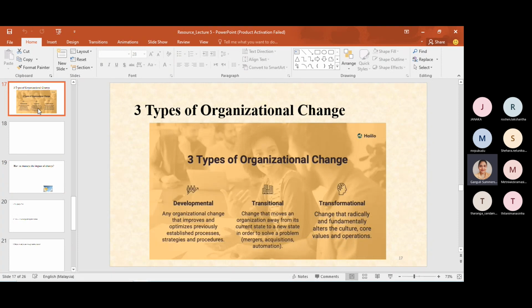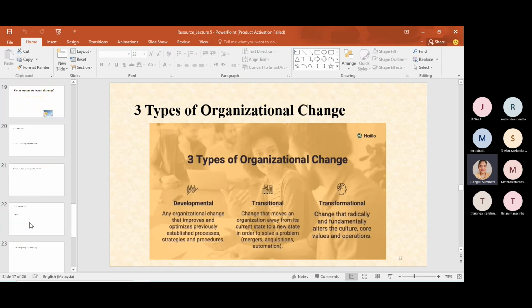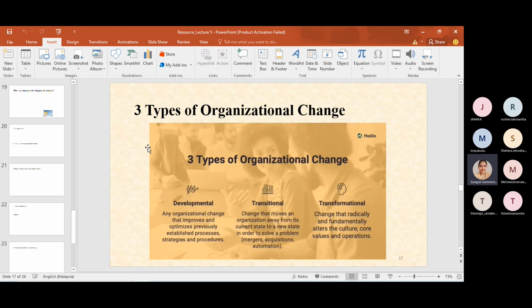One organization might undergo only developmental changes, or only transitional changes or transformational changes, but there is no rule that an organization should undergo only one change. An organization can undergo two types of changes at the same time.